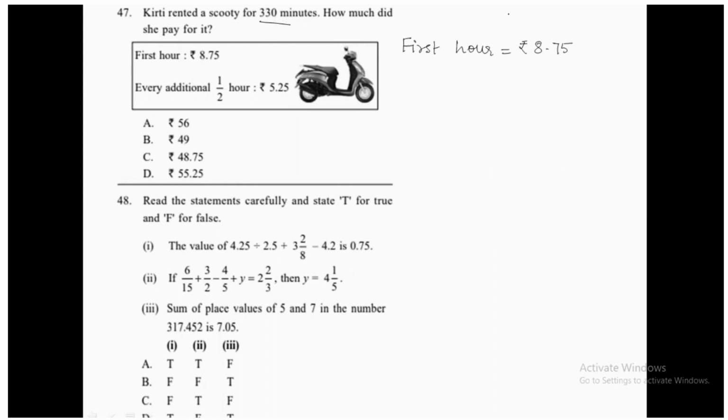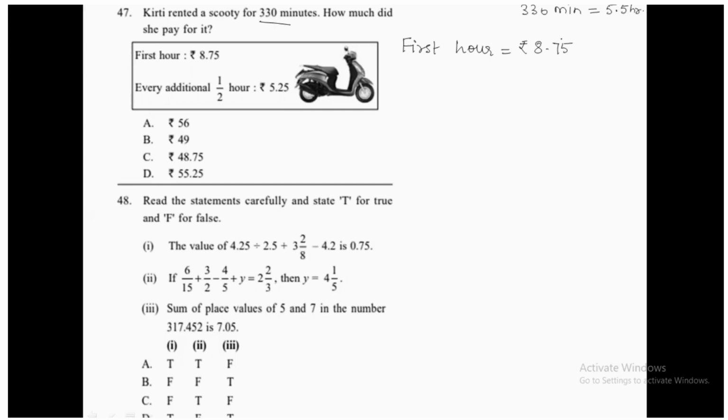First, we can convert 330 minutes into hours. For this, we need to divide it by 60. When we divide 330 by 60, we are getting 5.5 hours.